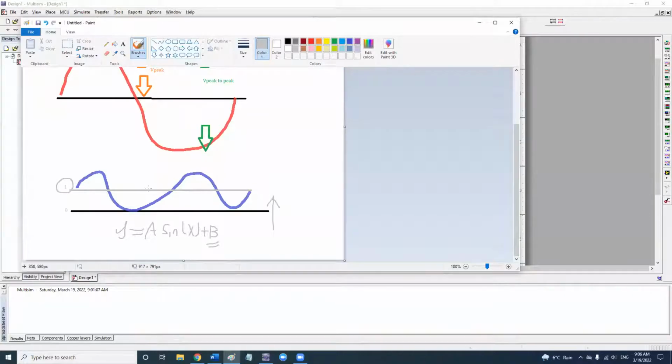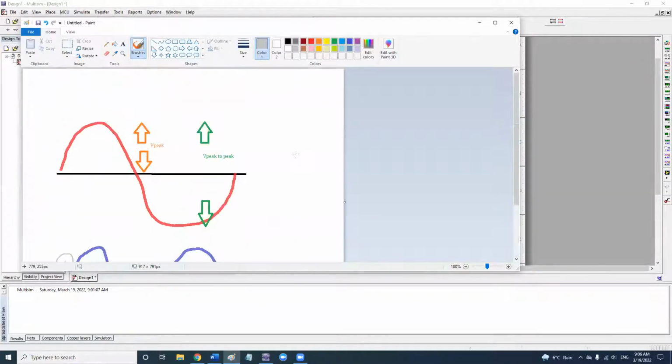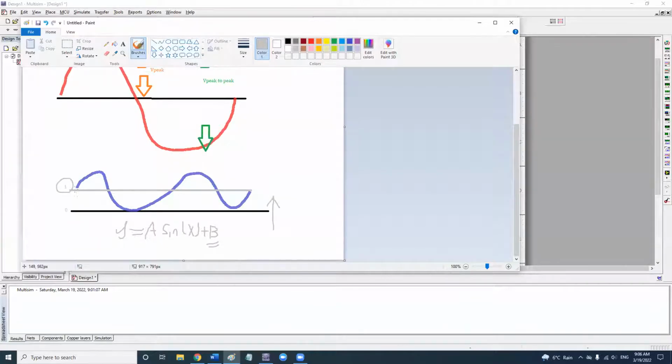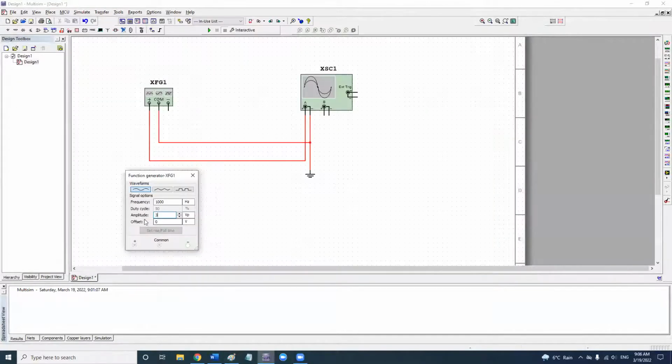And in circuit analysis, for an AC source, we call it DC offset. It's basically adding DC voltage to the AC voltage source. So everything shifts up, or you could have everything shift down. Say we give 1 volt, offset going up.